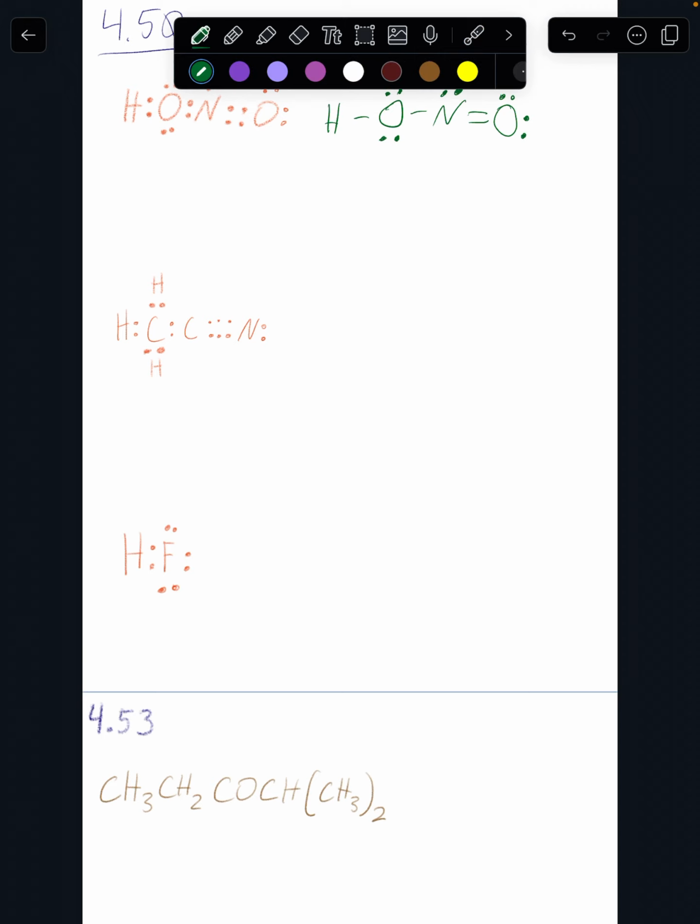So what it ends up looking like, we have our carbon, we have our triple bond, we have that extra lone pair. Then of course carbon has its 3 hydrogens connected. And there's that one.